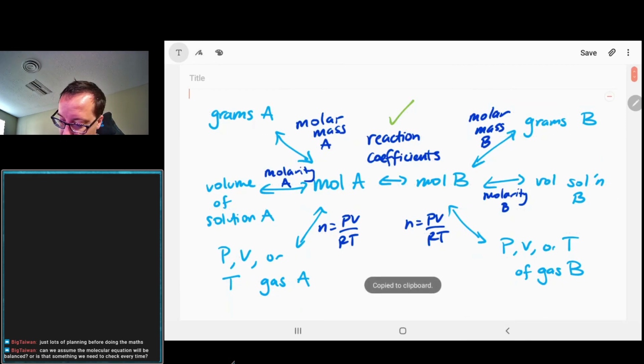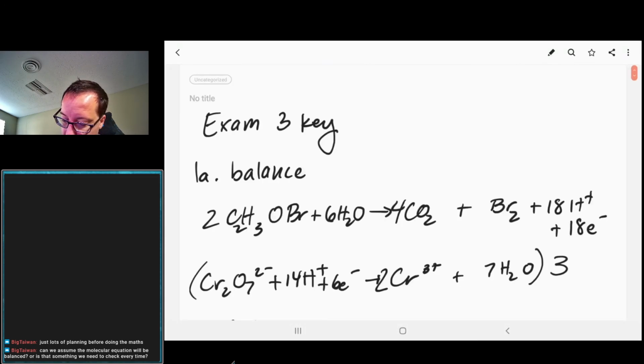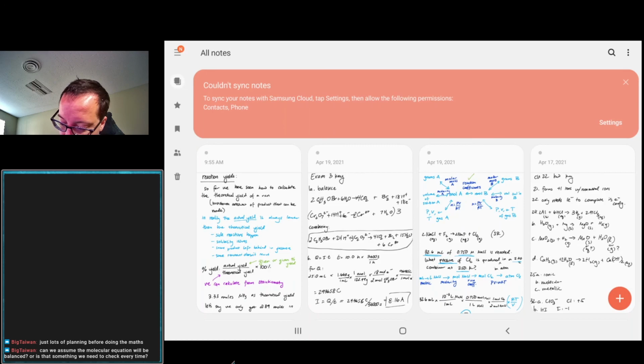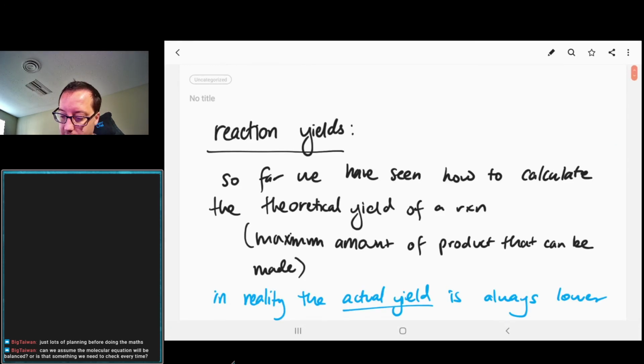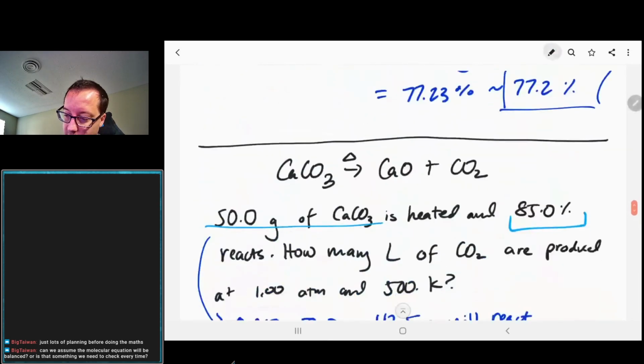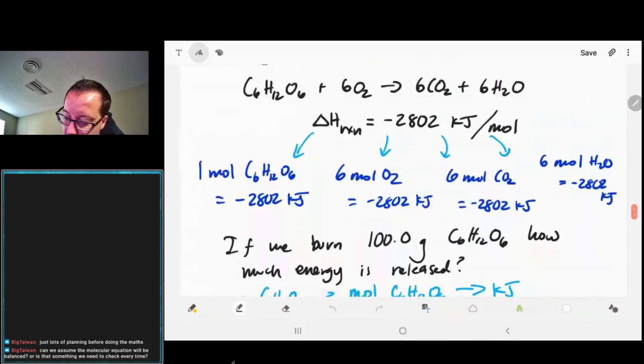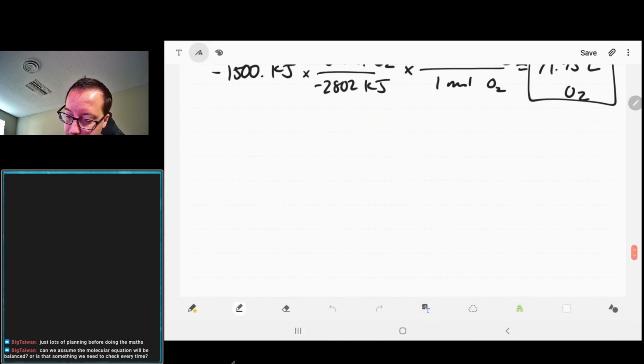Okay, let's bring this into today's notes. You don't need the exam key for 111 or 113. Okay. Oh my gosh, I have to type this. Okay, all the way down.